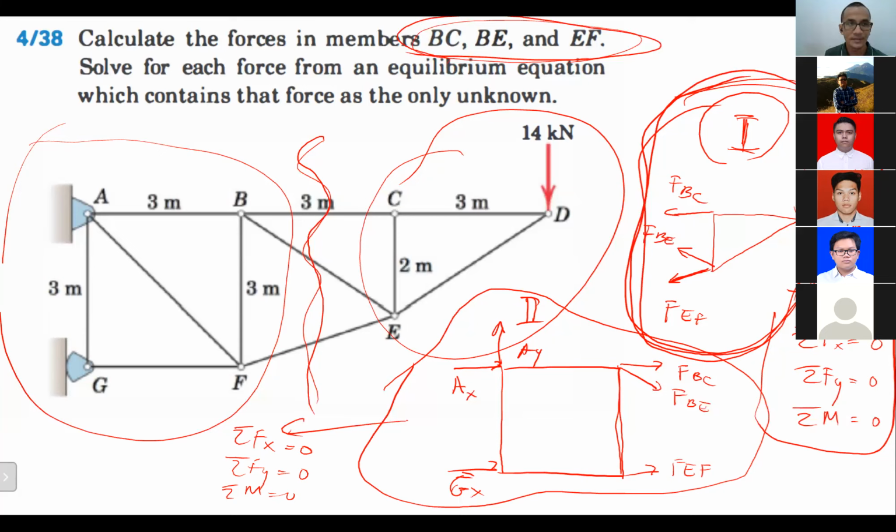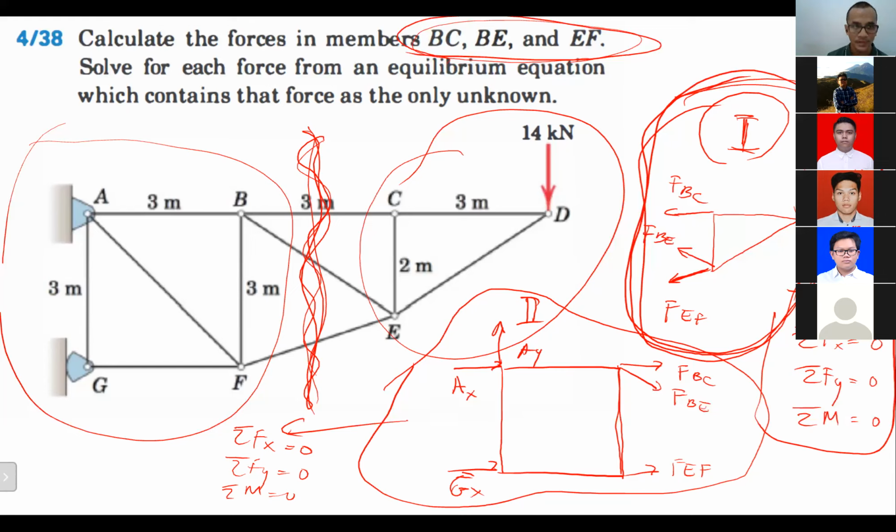But sometimes just solving one free body diagram is not enough. Sometimes you have to solve both free body diagrams. It depends on the case. But if it's possible for you to make one free body diagram enough, then try to make the cut, because where you have to cut actually depends on you, right?